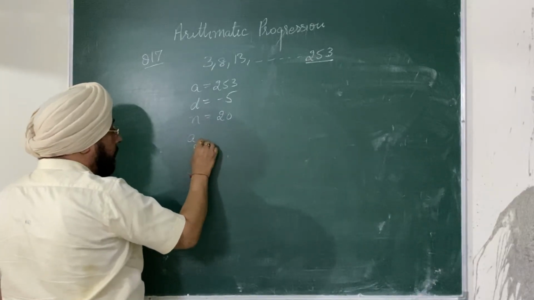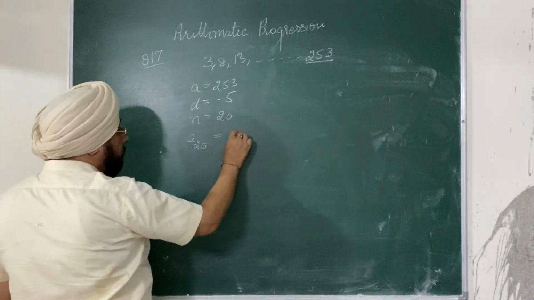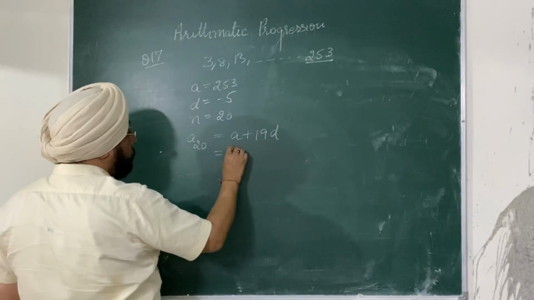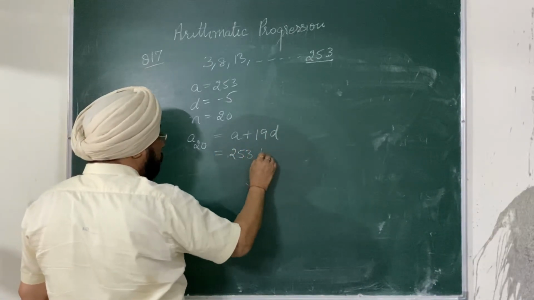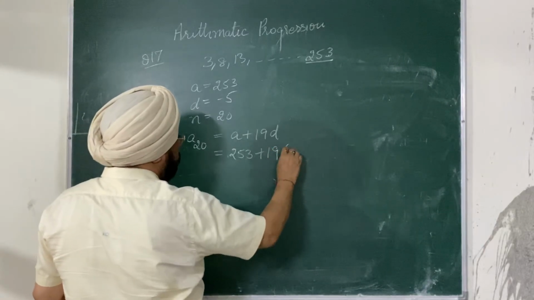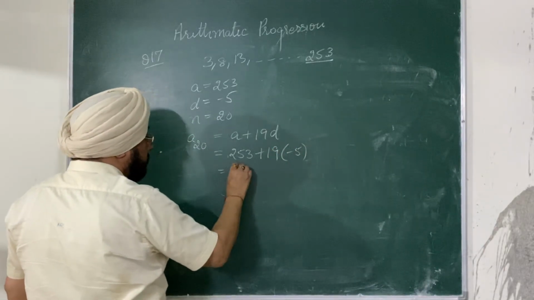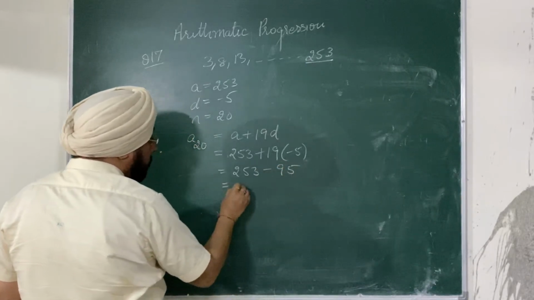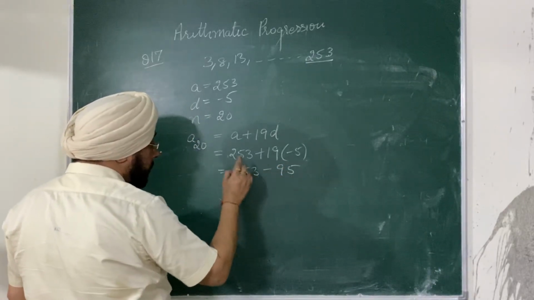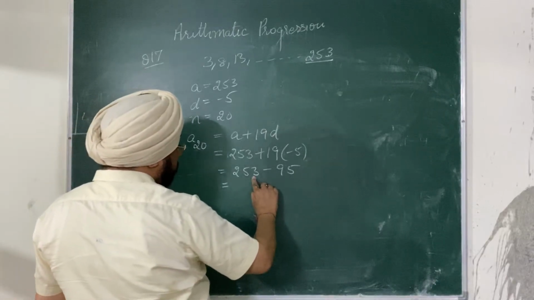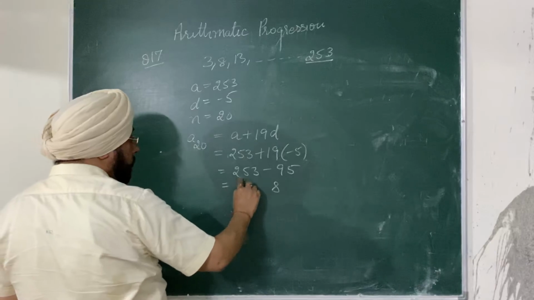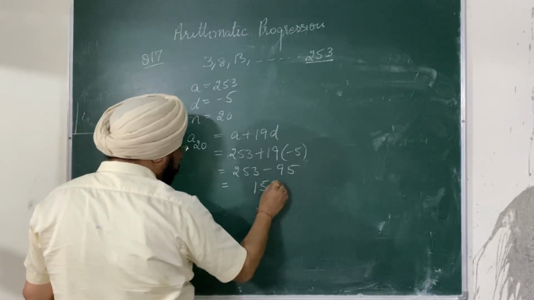So simply we have to find the 20th term, which is equal to a plus 19d. Here a is 253 and d is minus 5, so this is 253 minus 95. If I subtract this 95 from 253, we get 13 minus 5, that is 8, and 24 minus 9, that is 15.